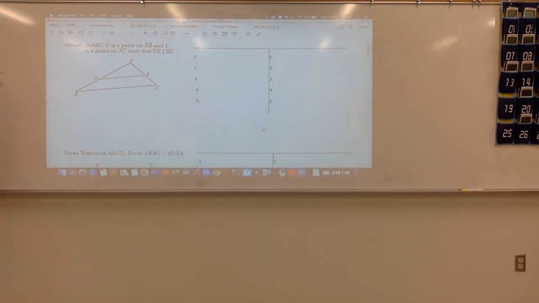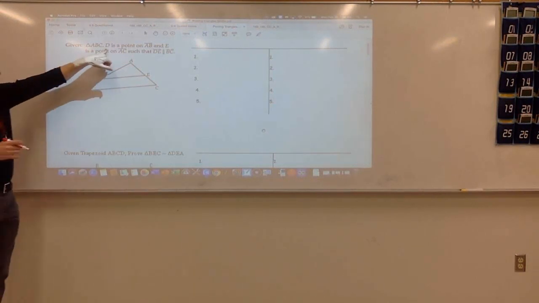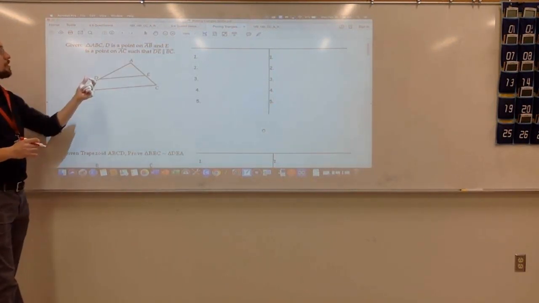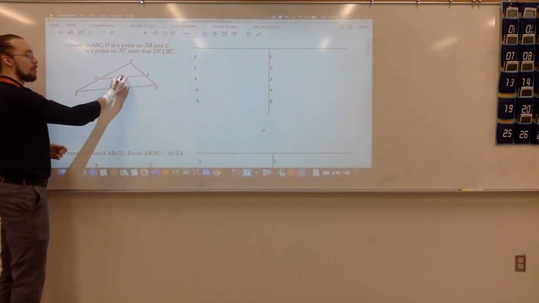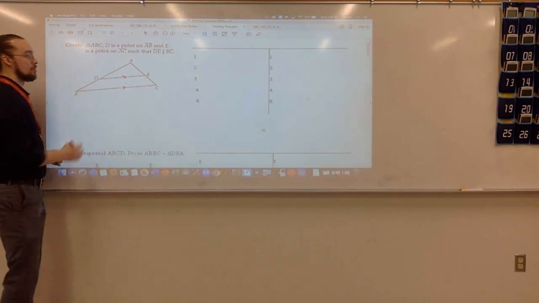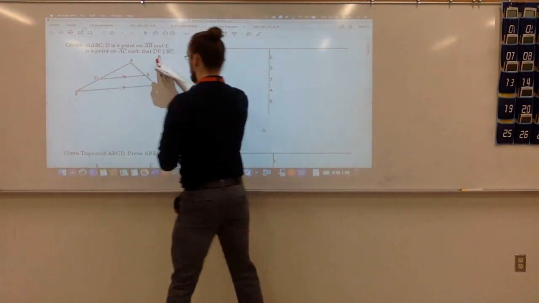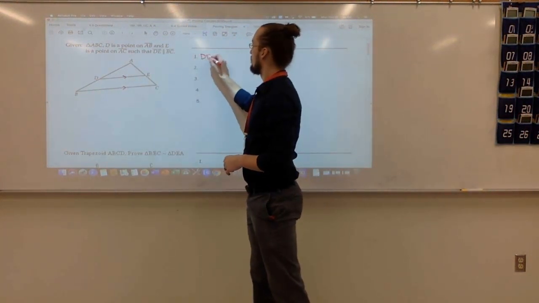In this first one, we are given triangle ABC, and we're given that D is a point on AB and E is a point on AC such that DE is parallel to BC. Okay, so that's kind of a long way of just saying that DE and BC are parallel.